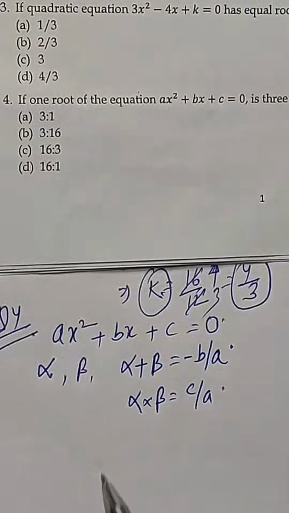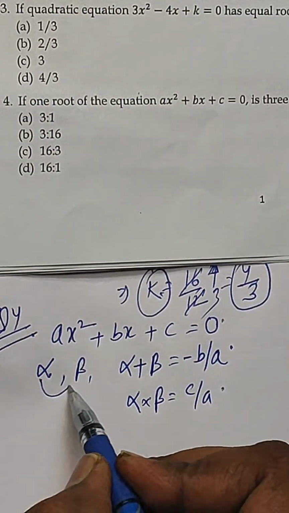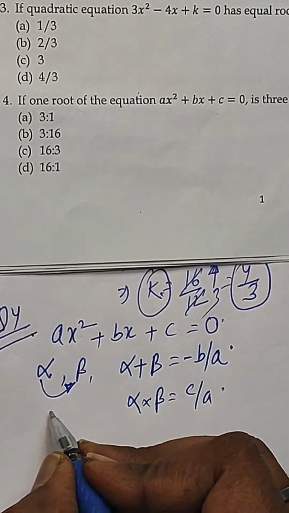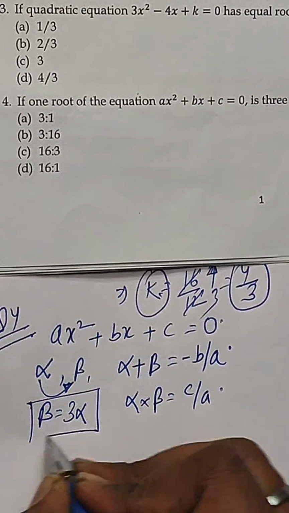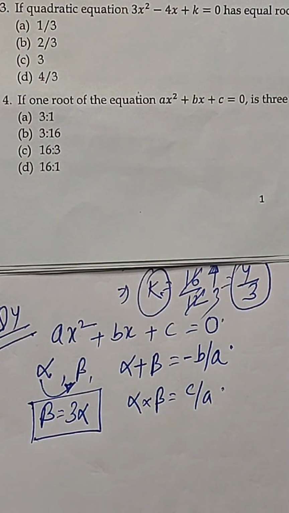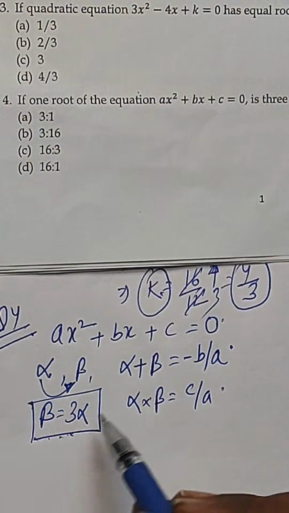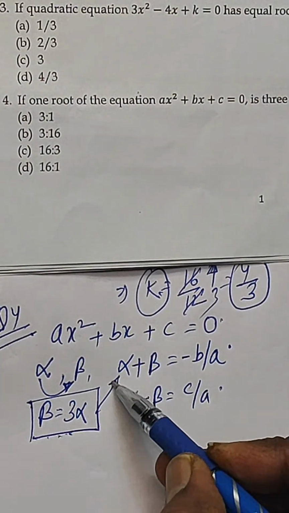And it's given that one root is 3 times the other, so we can say that beta is equal to 3 alpha. Use this and put the value over here.